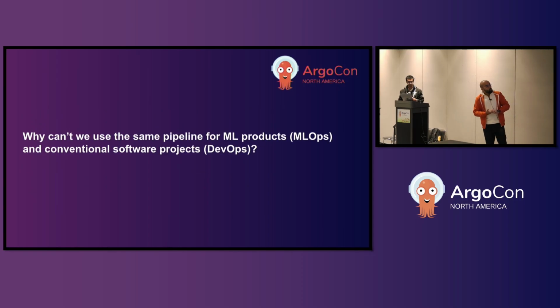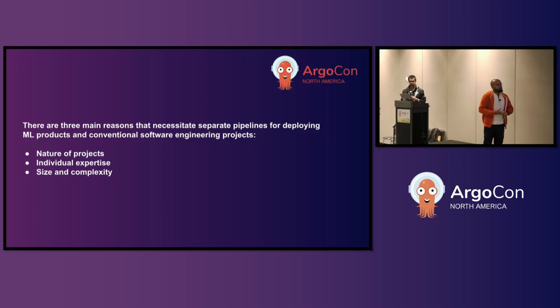Yeah, so why can't we use the same pipelines, the same methods a DevOps engineer would use, for MLOps or AI MLOps? There are three things I want to mention here. The first is the nature of the project. It can be very difficult and very complex.